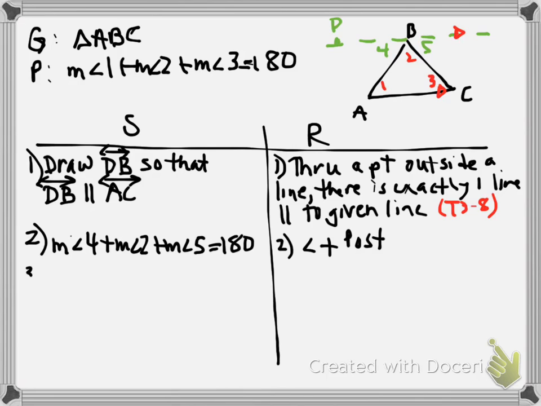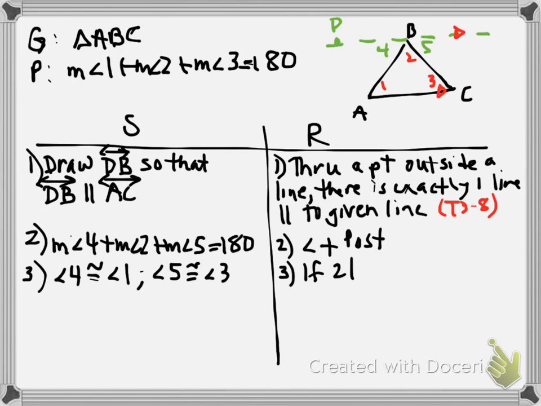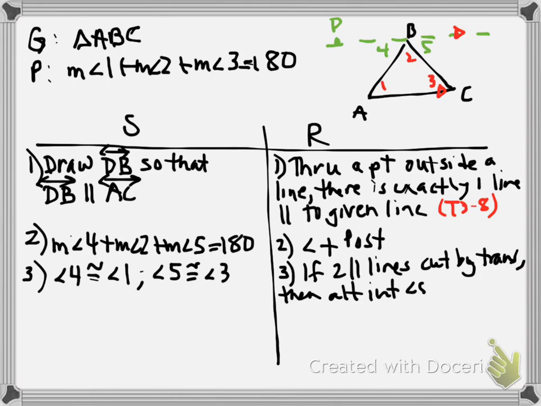Then we can say that angle 4 is congruent to angle 1 at the same time that we can say that angle 5 is congruent to angle 3 because they're the same reason. If two parallel lines are cut by a transversal, then alternate interior angles are congruent.